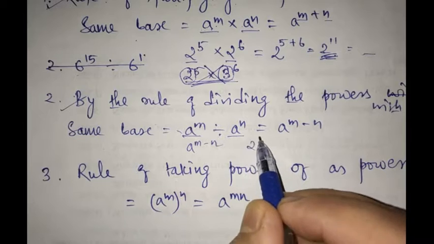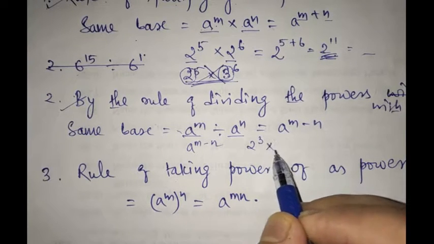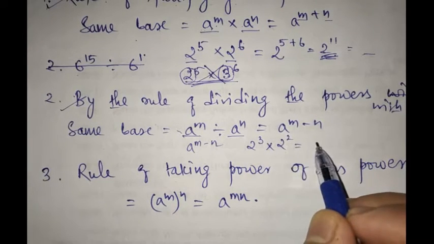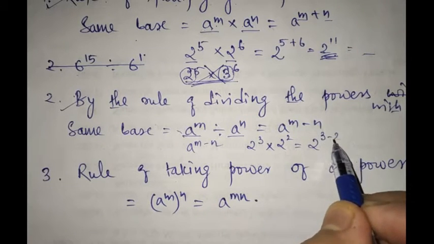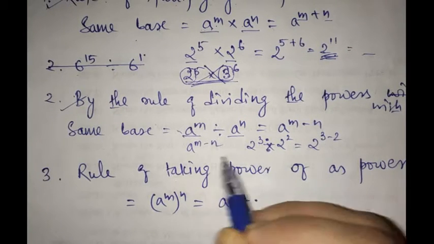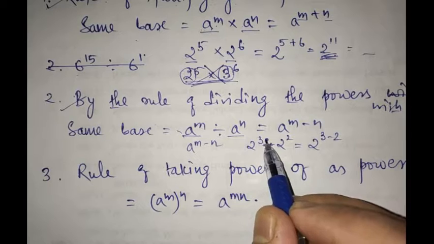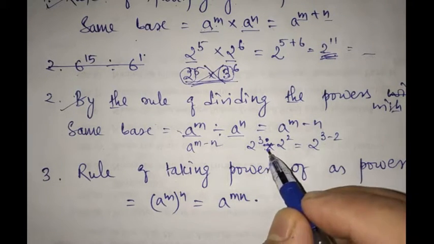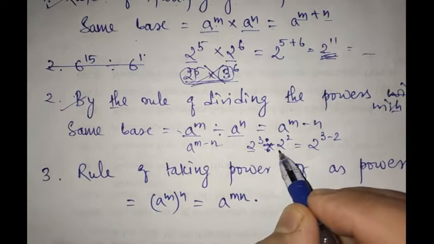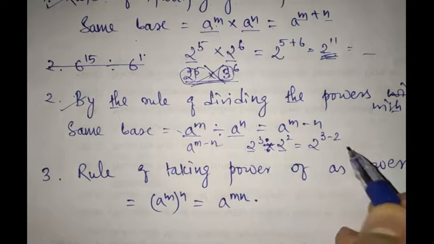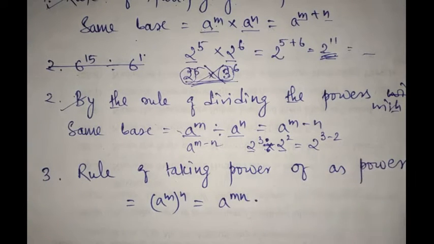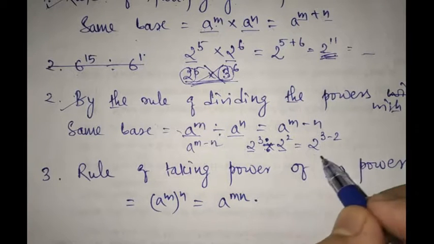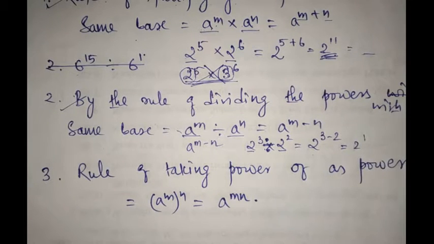Suppose you have 2 cube divided by 2 square, then what you are going to do is 2 to the power 3 minus 2. Sorry, I wrote the multiplication sign here; extremely sorry, the division sign will be here. So when you have the division sign, the exponents will be subtracted. Okay, so the answer will become 2 to the power 1, because 3 minus 2 is 1, right?